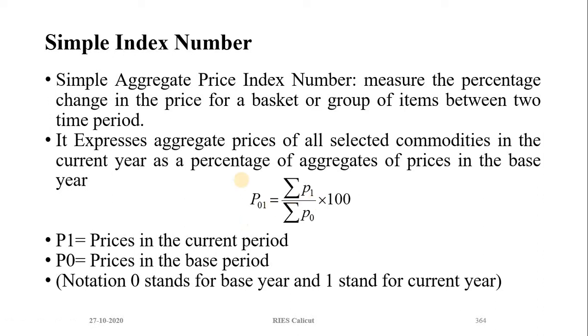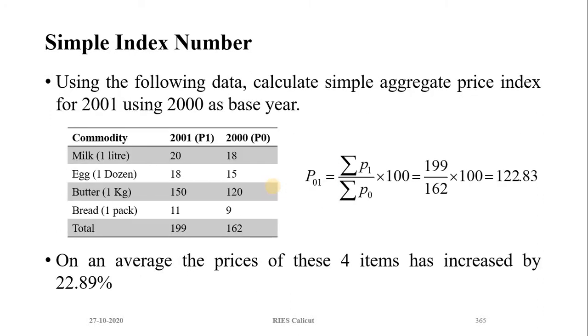Sigma means summation, P means price, 1 means current period. So sigma P1 is the summation of the prices in the current period divided by sigma P0, the summation of the prices in the base period, into 100. Okay. So in index number notation, 0 stands for base year and 1 stands for current year.